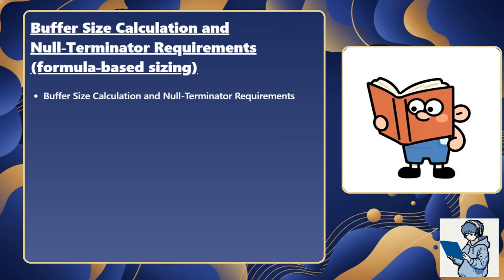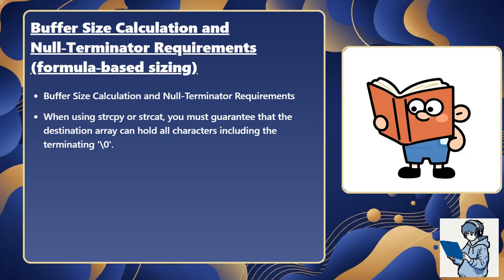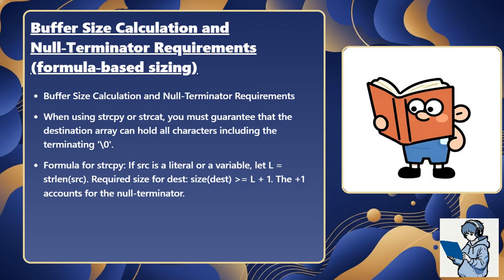Buffer size calculation and null terminator requirements. When using strcpy or strcat, you must guarantee that the destination array can hold all characters, including the terminating \0. Formula for strcpy: if source is a literal or a variable, let L equal the length of source.